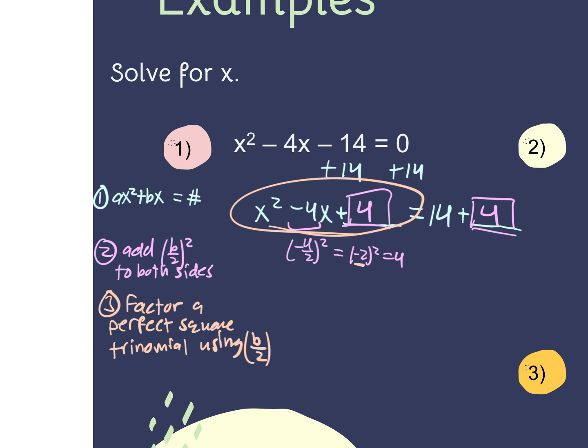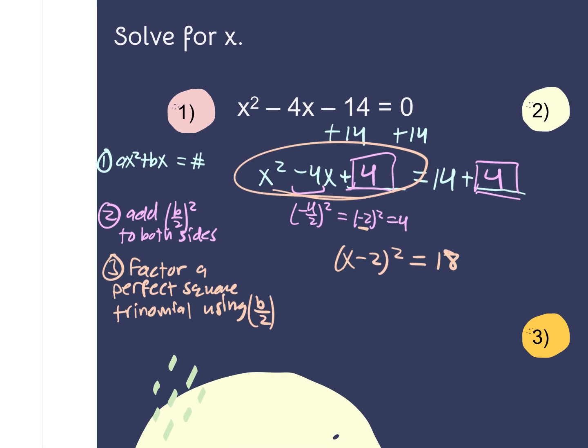Factors of positive 4 that add to negative 4 are negative 2 and negative 2. So we're going to get x minus 2 times x minus 2. But isn't that the same as just doing x minus 2 squared? You guys agree with that? And this is going to equal 14 plus 4, which is 18.